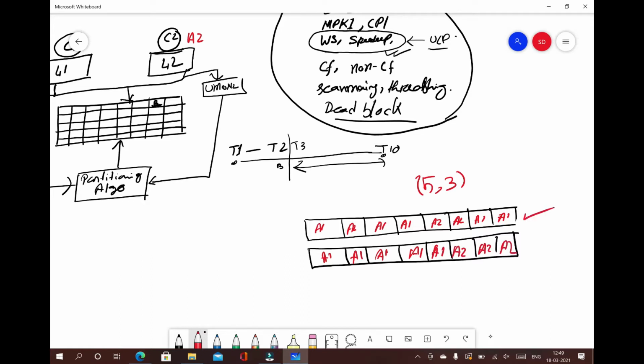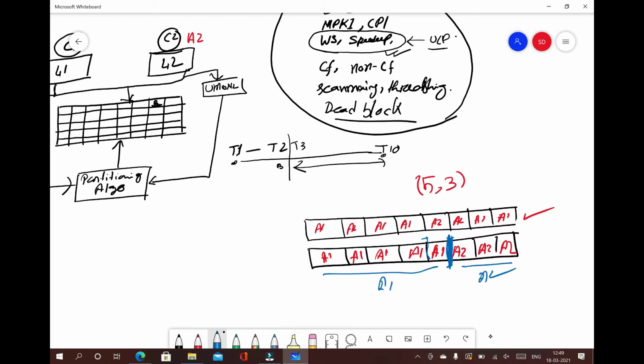This is the actual one, and this is the simplified version, because I am using it just to explain the limitation of UCP in a better way. Now suppose there is a borderline here. After this side is used by a1 and this side is used by a2.